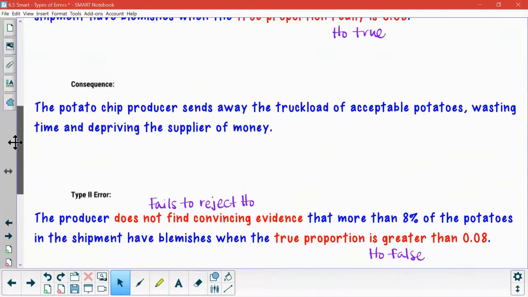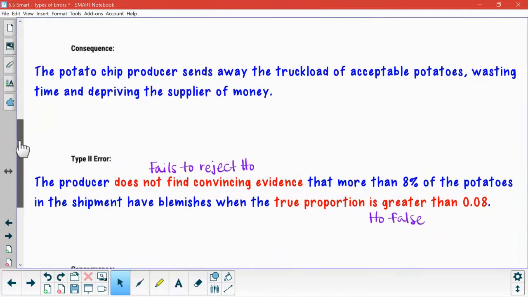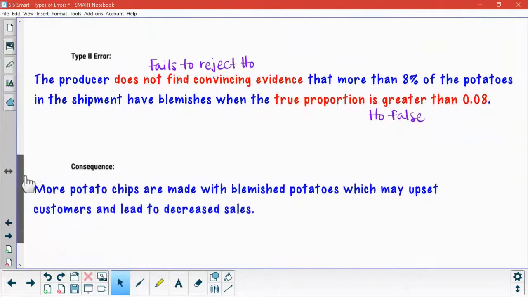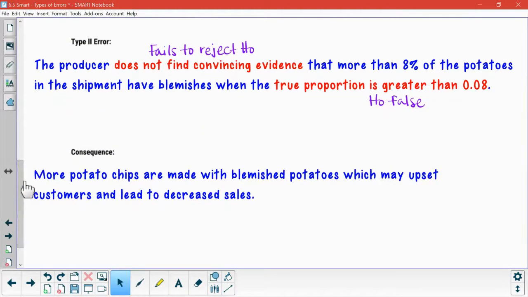But you could also say, well, the potato supplier lost out on a complete load of potatoes that they're probably going to end up just getting rid of. And they lost money from the first batch. So again, support your arguments. Always put it in context. And this is something that should come relatively easy. Just remember, type 1 is when they reject the null. Type 2 is when they fail to reject.